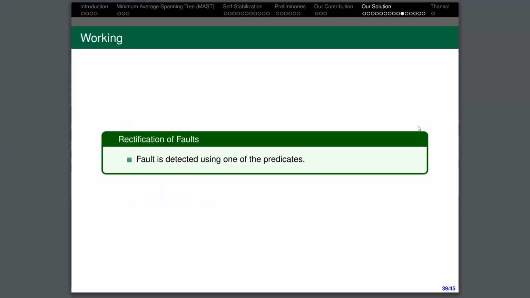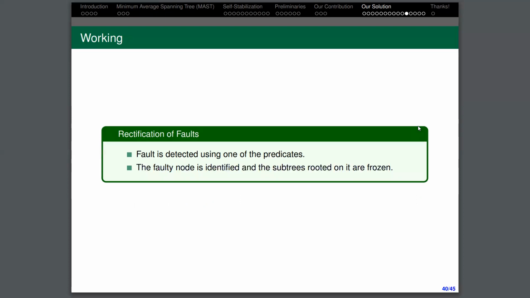Okay, so now we describe the working of the BuildT protocol in brief. The error in the node is detected using the predicates which we described before. The faulty node detects the errors and freezes itself and the subtree rooted below it by assigning the status of -1 and 1 respectively.